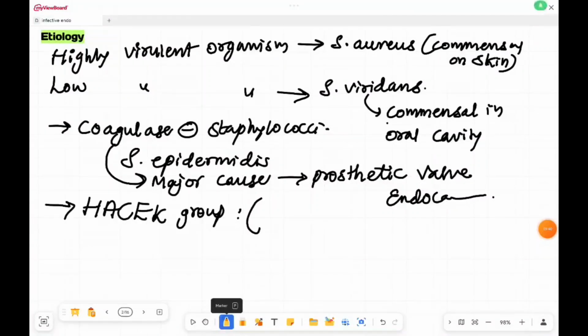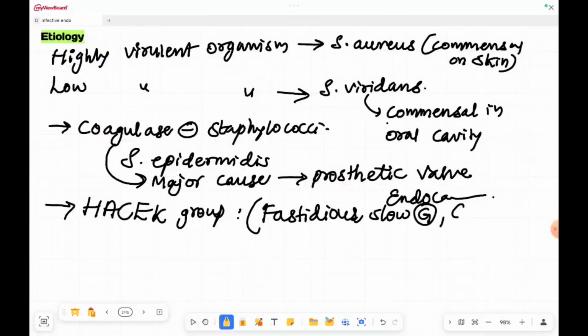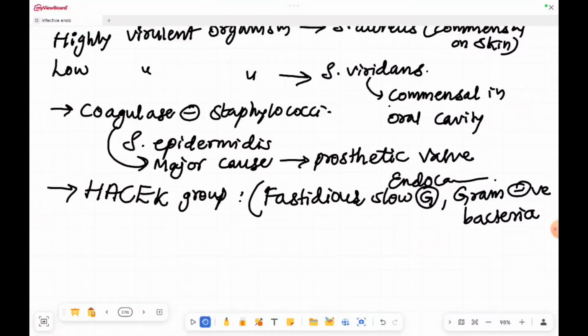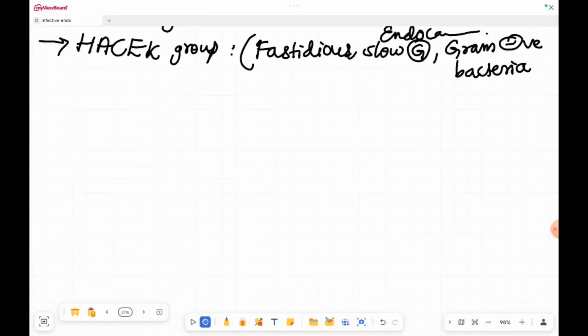And HACEK is a group of organisms which are fastidious, slow growing, gram negative bacteria. So what are the organisms? Let's see. H is Haemophilus.